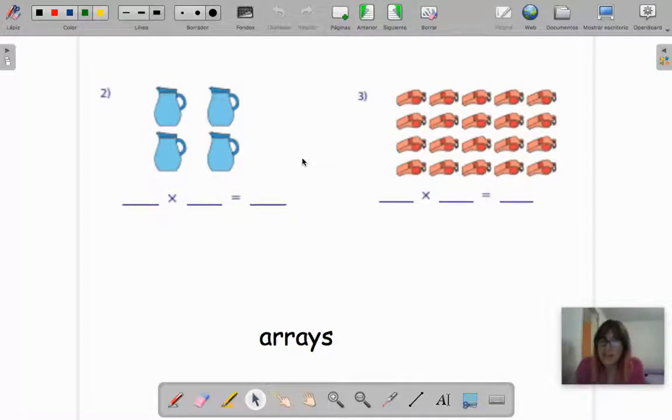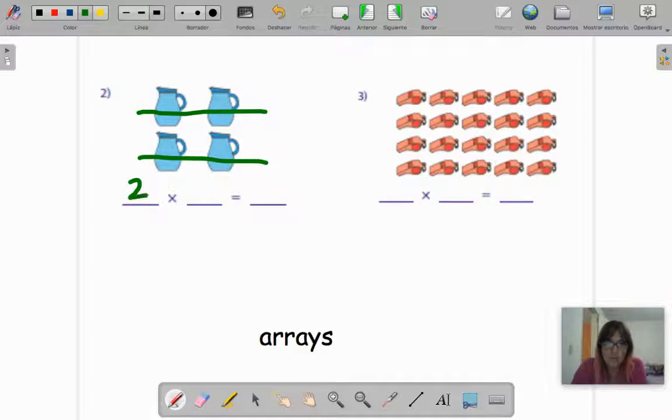And that's going to be like in the one before. The groups are the lines. Imagine this is one line, so that's one group, okay? This is other line. That's my other group. So actually here I have 2 groups, 2 arrays. And how many are inside each line? We have 1, 2, 1, 2.